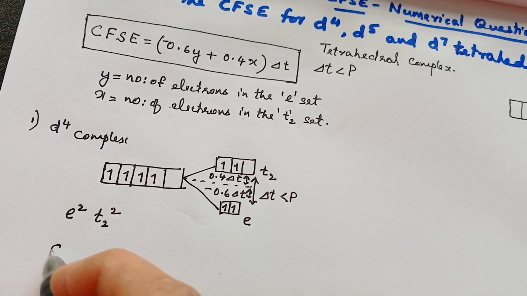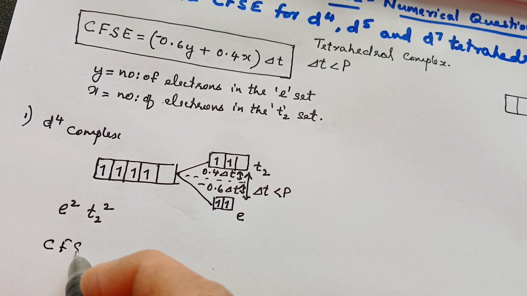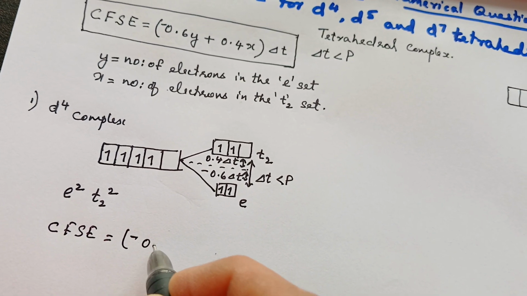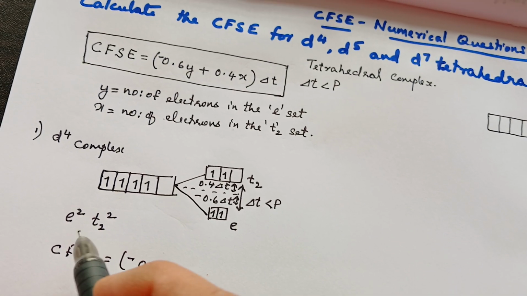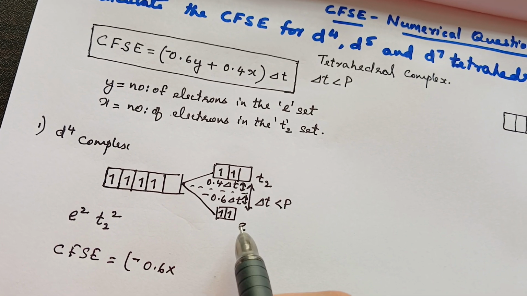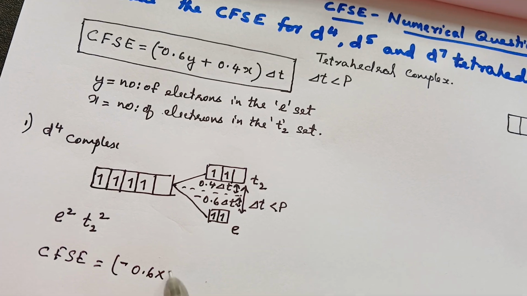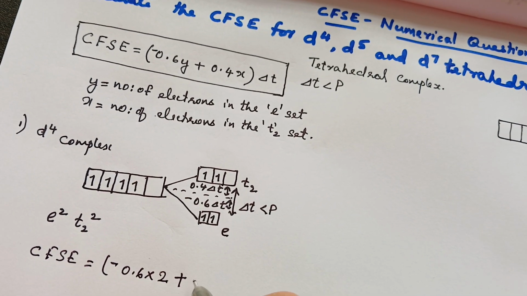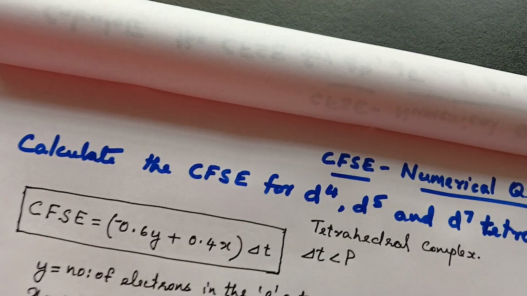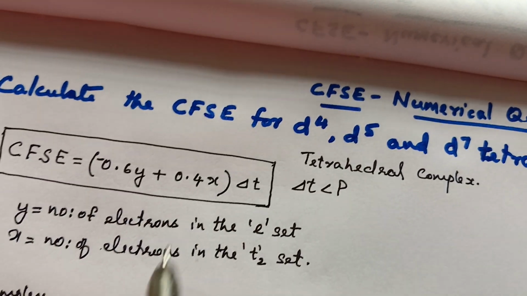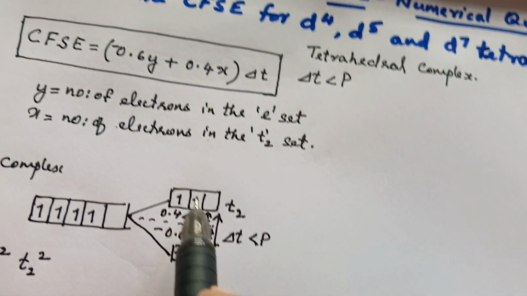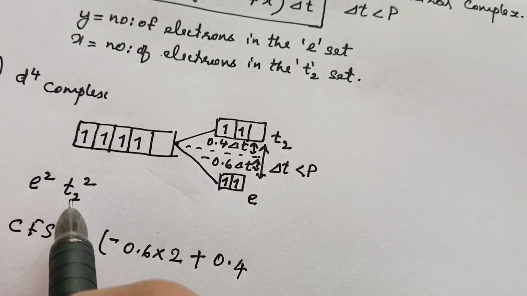Now let us calculate. CFSE is equal to minus 0.6 into how many electrons in the E level? E2, so into 2, plus 0.4 into, as per the formula, x. X is the number of electrons in the T2 set. In the T2 set, we have 2 electrons, like here, T2 2.